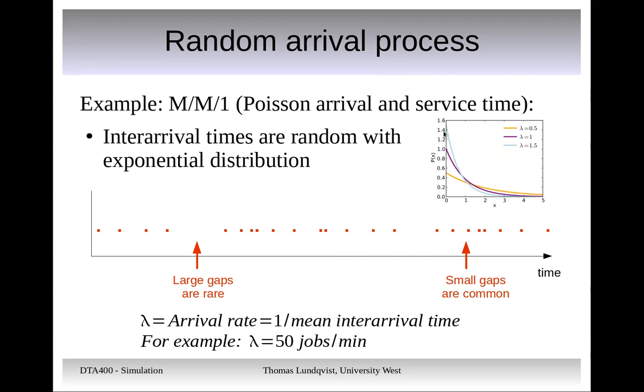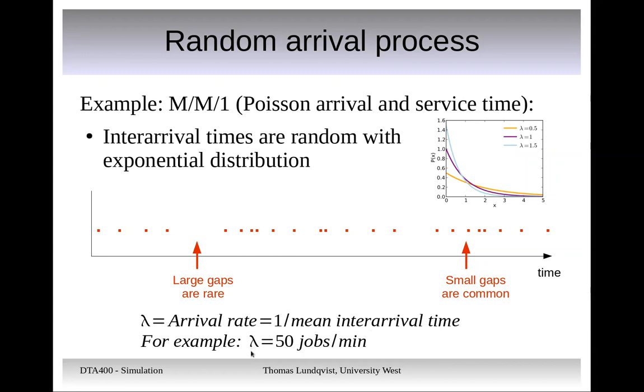But this distribution in statistics actually has an average value, a mean, and that you can calculate from this lambda parameter here. So lambda is the arrival rate. The inter-arrival time is 1 divided by lambda, so if it's 50 jobs per minute, then the inter-arrival time is 0.02 minutes. So the average is 1 divided by this.